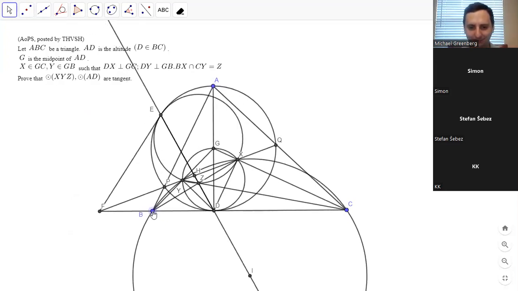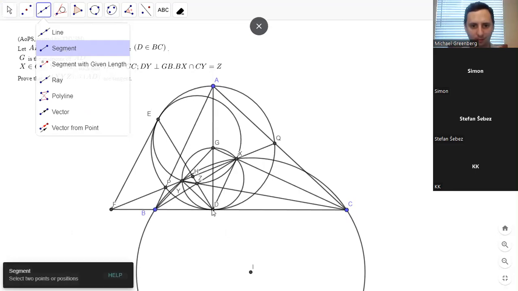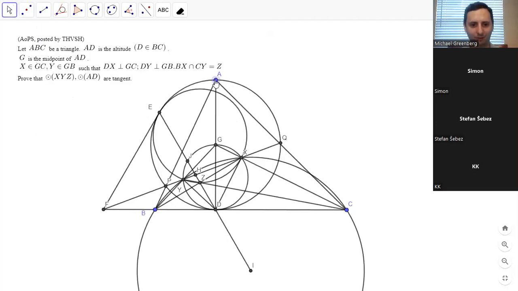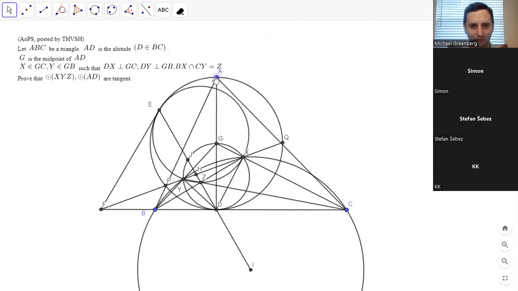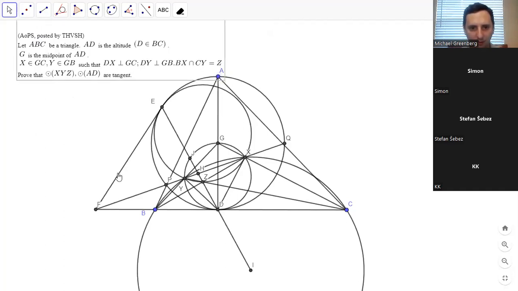So it looks like that passes through the center of the circle. Take the midpoint of ED. Okay. It looks like that lies on that circle. Also, it should lie on circle BGC, but that is equivalent to showing that I lies on ED.